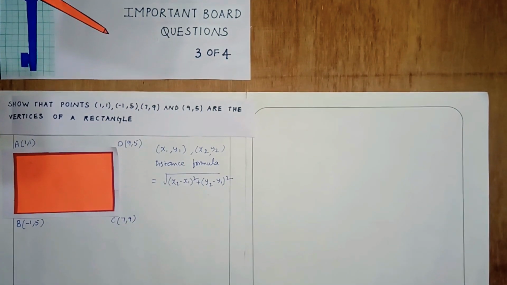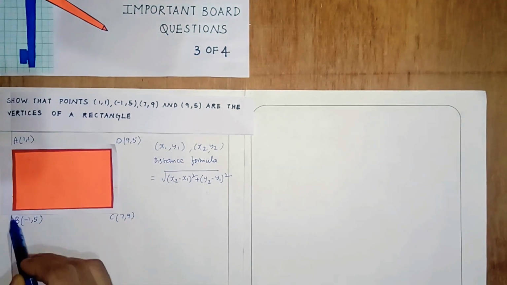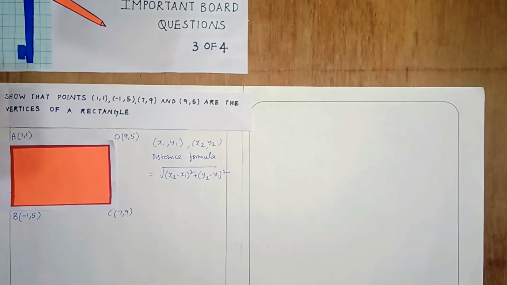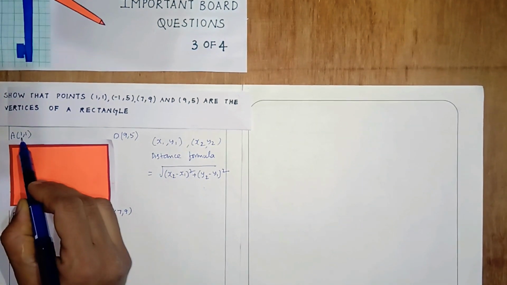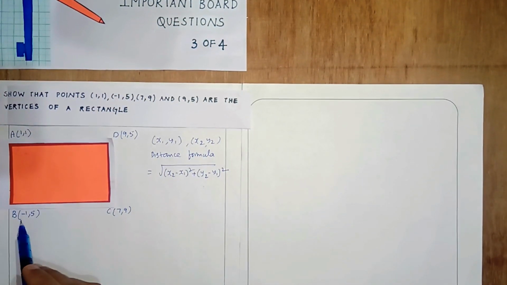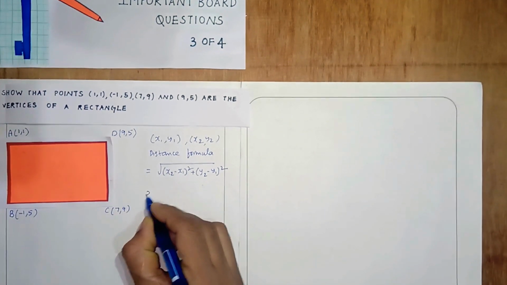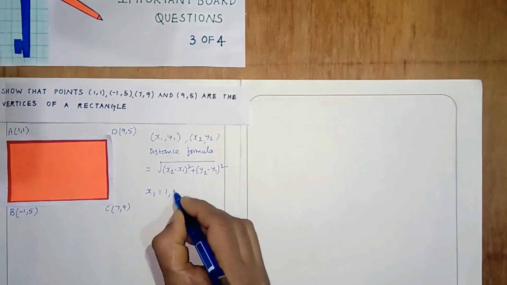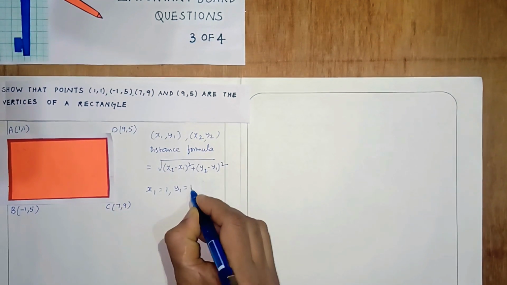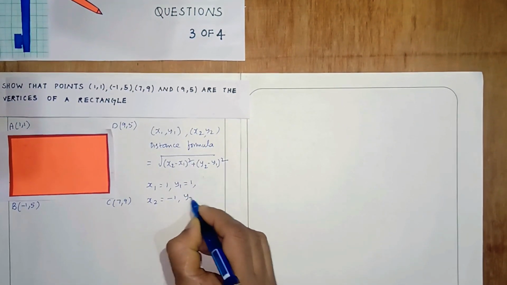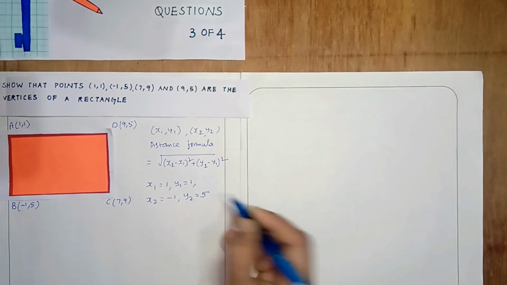Now, to find the length of AB, consider the point A as (x1, y1) and the point B as (x2, y2), where x1 is 1, y1 equal to 1, x2 equal to -1, y2 equal to 5.